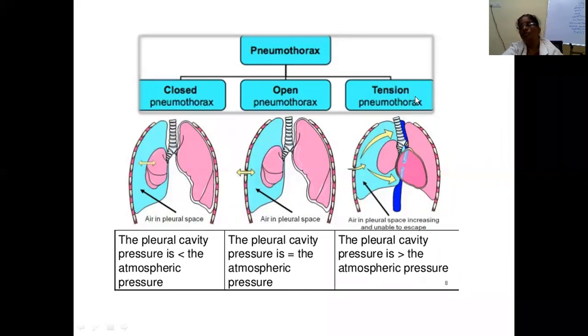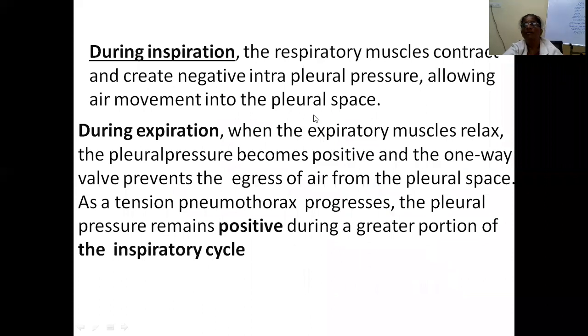But in tension pneumothorax, this is not the case. Even though the pleural cavity pressure is raised, air persistently enters the pleural cavity in spite of the pleural pressure being higher than atmospheric pressure. During inspiration, respiratory muscles contract and create negative intrapleural pressure, allowing air movement into the pleural space.